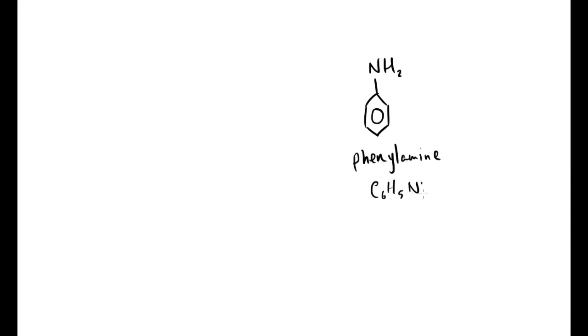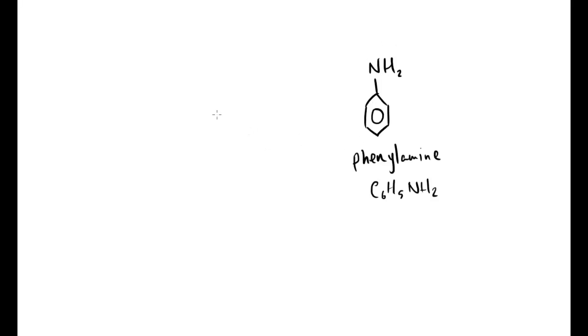So what I'm ultimately looking to produce, as was on the previous part, is phenylamine, or maybe, if you were an American person, phenylamine. To write that out, that would be C6H5NH2. This being the C6H6 normally, but we've lost a hydrogen here, and we've got the NH2 group joined on.